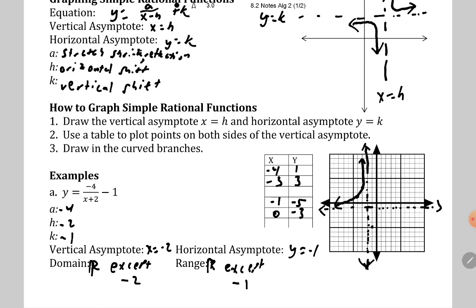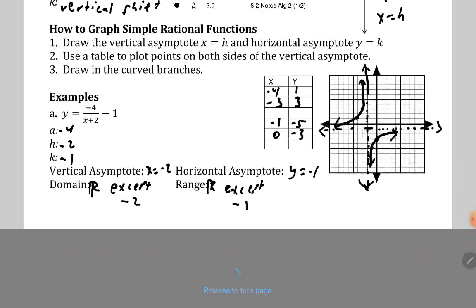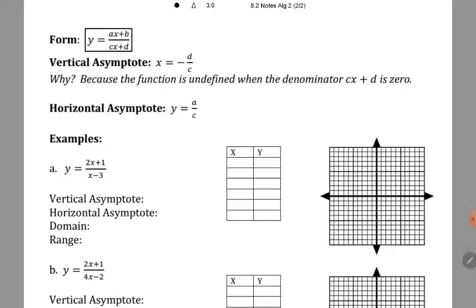And 0, -3. 1, 2, 3. So we got this going on. And there, that's it. 2 little curved branches. So hopefully this is not too bad. Let's do some more.